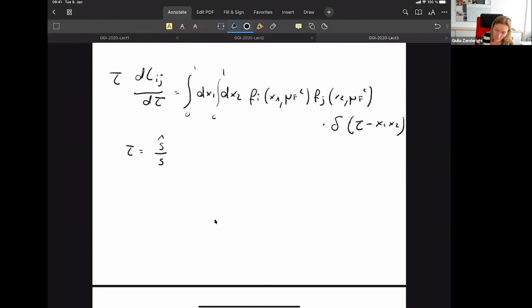So the luminosity is actually what enters the cross-section. Sigma, as a function of S, can be written as a sum over all ij's, then you have an integral in d tau.